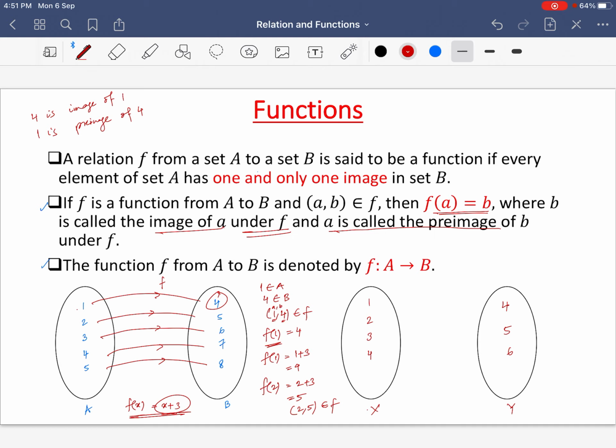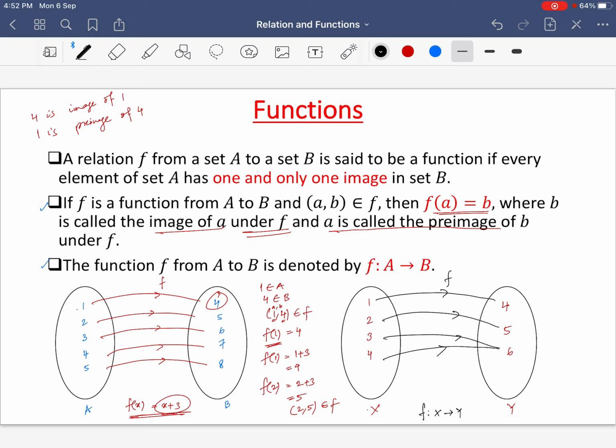If I do the mapping, I get 1 to 4, 2 to 5, 3 to 6, 4 to 6. So now this is a function. Why is this a function? Because each and every element of x has one and only one image in y. Now if I have to denote this function, we'll write it as x to y, in this way we denote it.